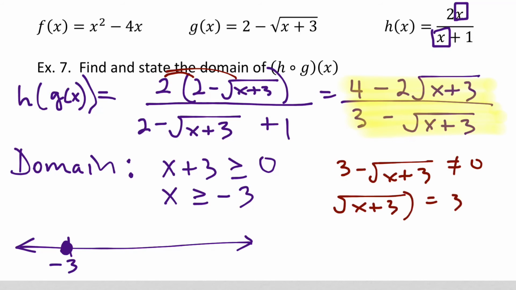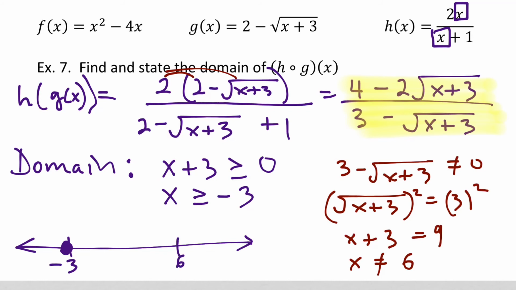And then I can get rid of the radical by squaring both sides. X plus 3 is equal to 9. X is equal to 6. So x cannot be 6, or we're going to get a 0 under the radical. So let's put that on the number line as well. Except this one's an empty circle.